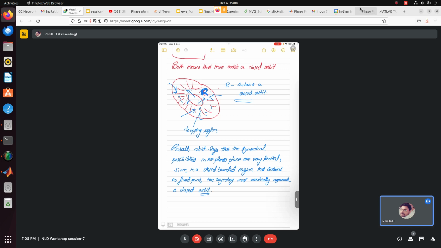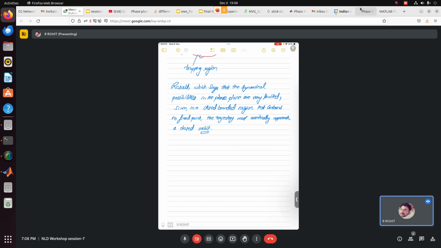So nothing more complicated; you can't observe any other complicated dynamics. It can either go to the closed orbit or spiral towards a closed orbit, which is the maximum it can do within this bounded region. So this result depends crucially on the two-dimensionality of the system, the plane.